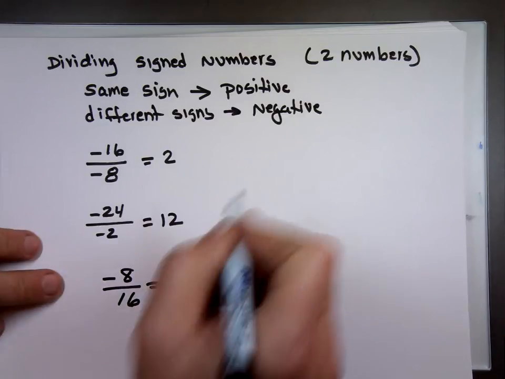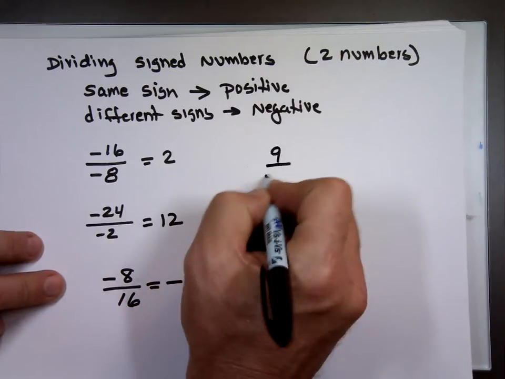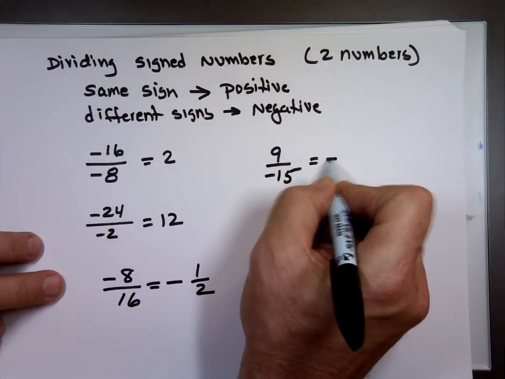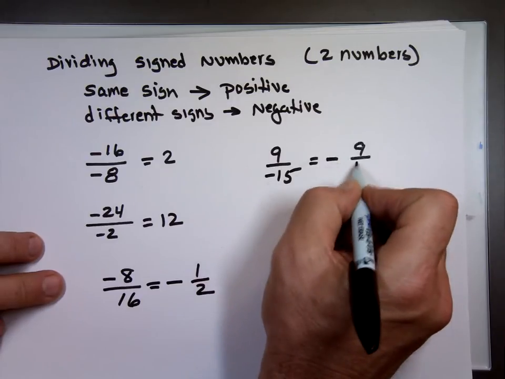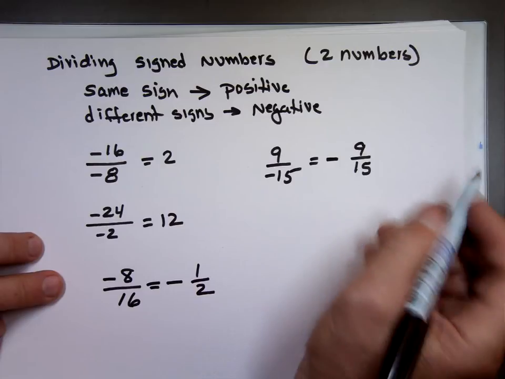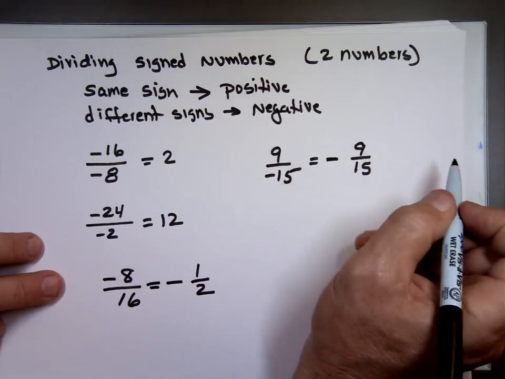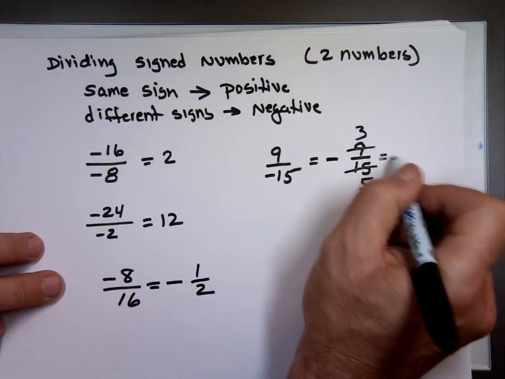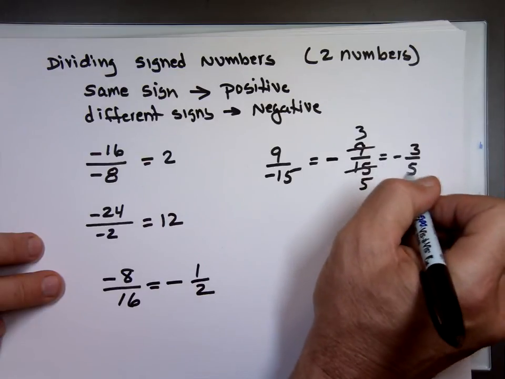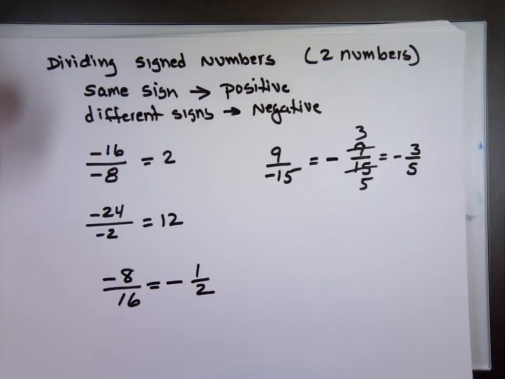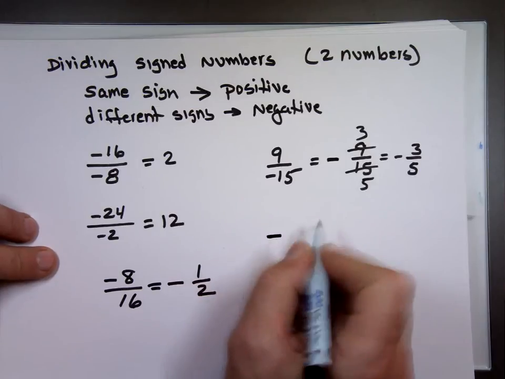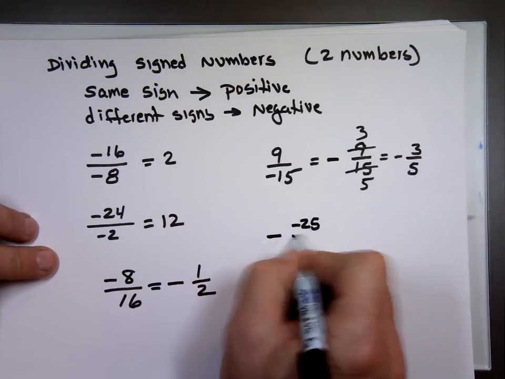What is 9 over negative 15? Positive or negative? Negative. 9 over 15. Can I simplify 9 over 15? 3, 5. That's negative 3 over 5. Minus negative 25 over negative 5.